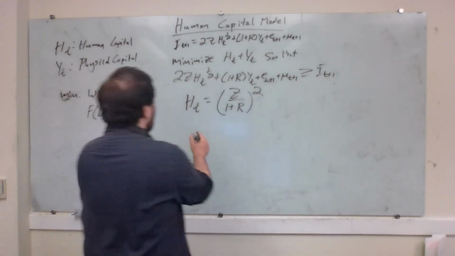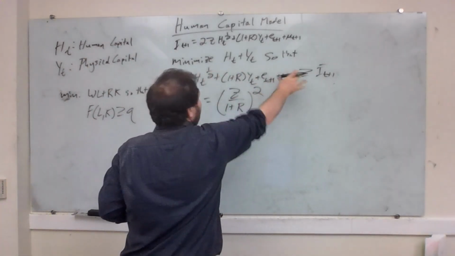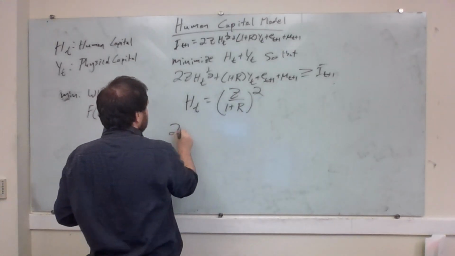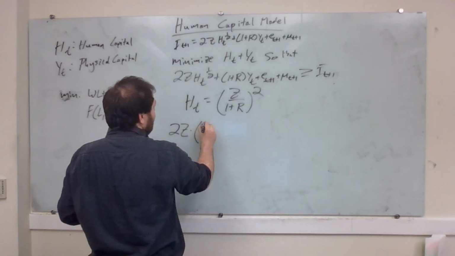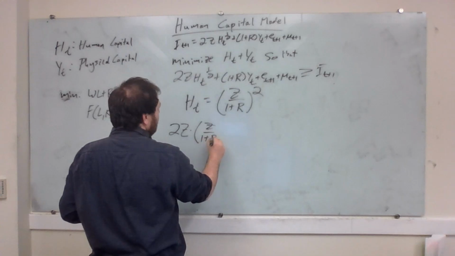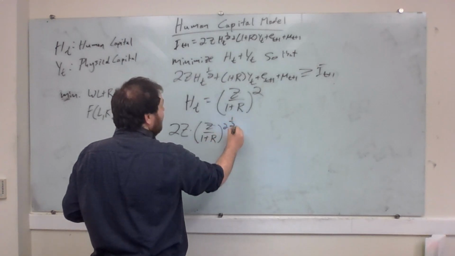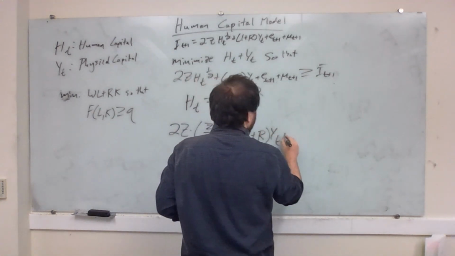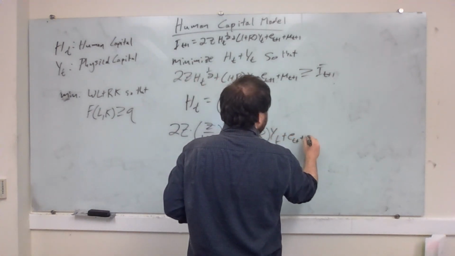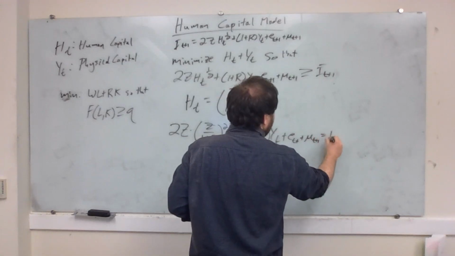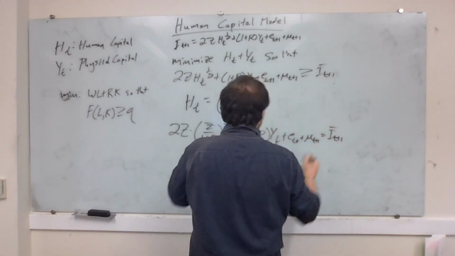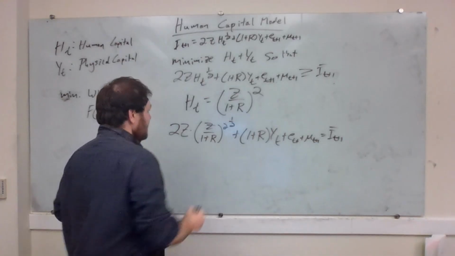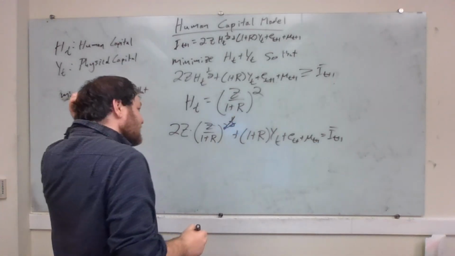So we'll find our optimal Y by saying that we need to satisfy this equation here. We'll take 2z times (z over 1 plus r) squared, all to the 1/2, plus (1 plus r) Y plus E plus mu has to equal I_{t+1}, the target income we want for our kid. The squared and the 1/2 cancel out.